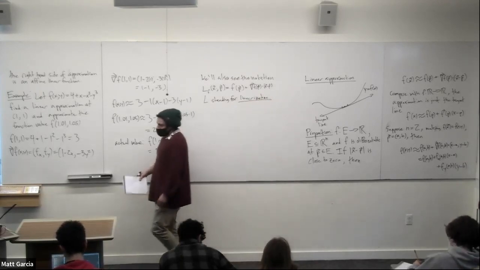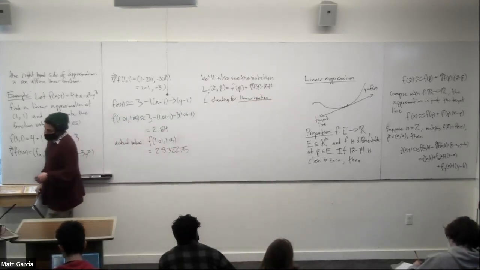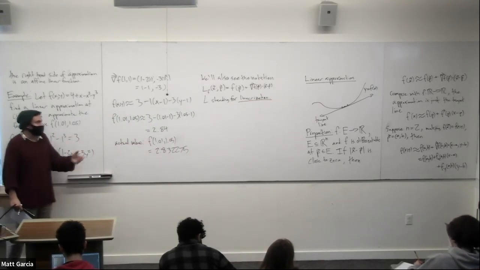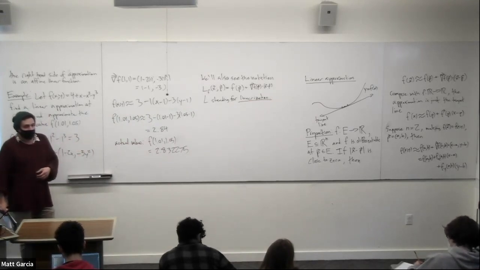So we say L sub f of x semicolon p is the linearization of f at point p. Okay.